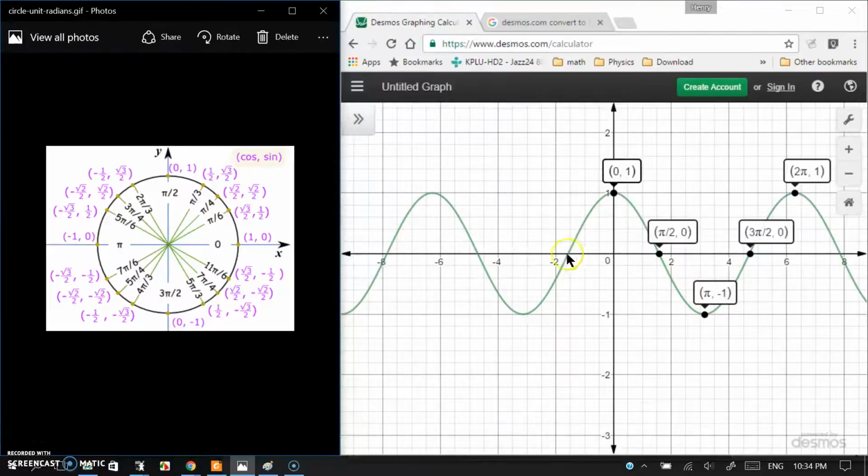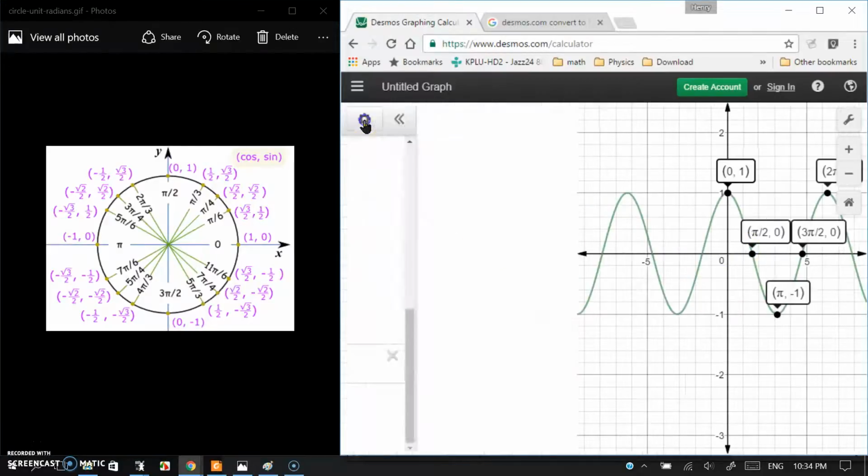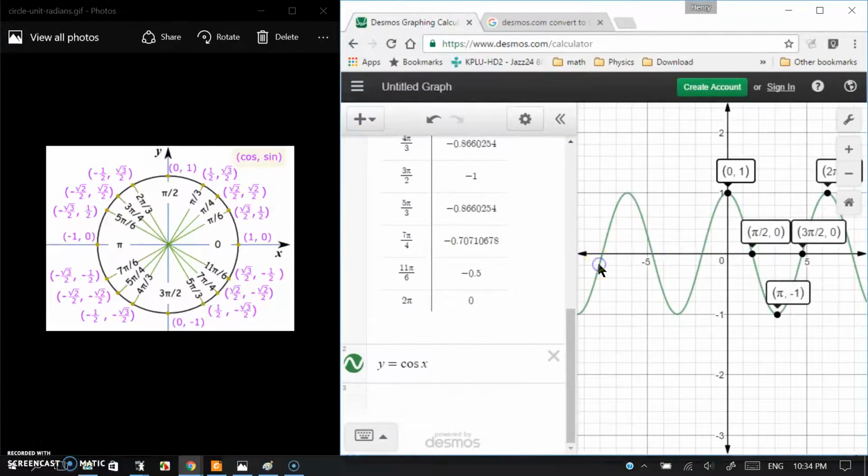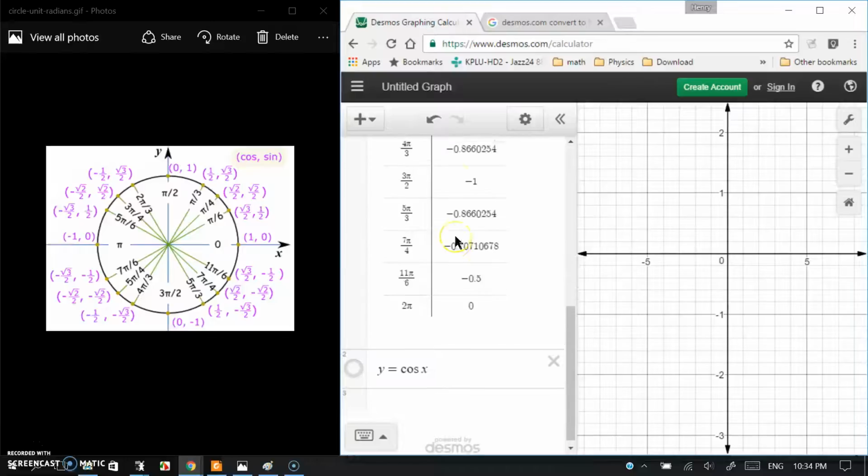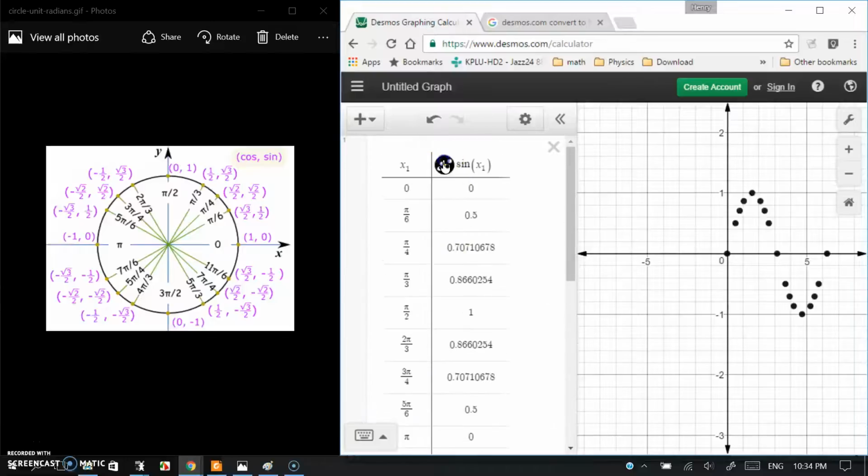On my cosine wave that I have right now, the horizontal axis is angle, the vertical axis is the cosine value of those angles. So I'm going to hide my cosine graph right now, and show the table. This table was what I used in the previous video where I showed you guys the sine wave.